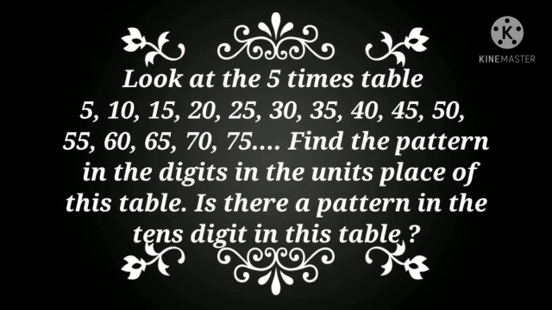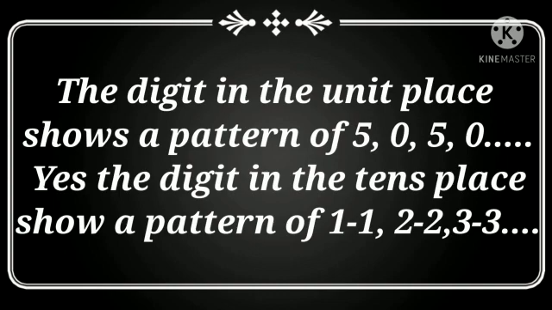So the solution for this question is the digits in the units place show a pattern of 5, 0, 5, 0 and so on. Yes, the digits in the tens place show a pattern of 1, 1, 2, 2, 3, 3 and so on.